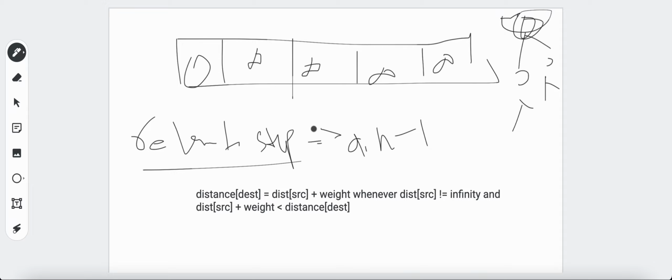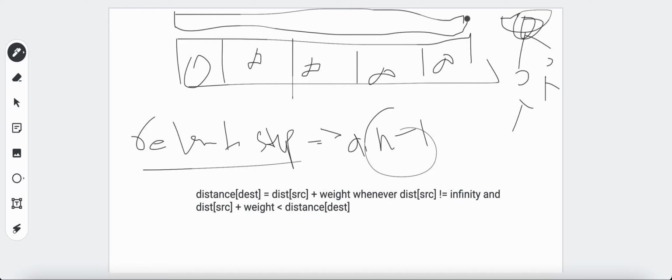After doing this n minus 1 number of times, we will get our distance array updated. All the values will surely get updated, and we assume that's the smallest distance that we can take from a particular node to other destinations.